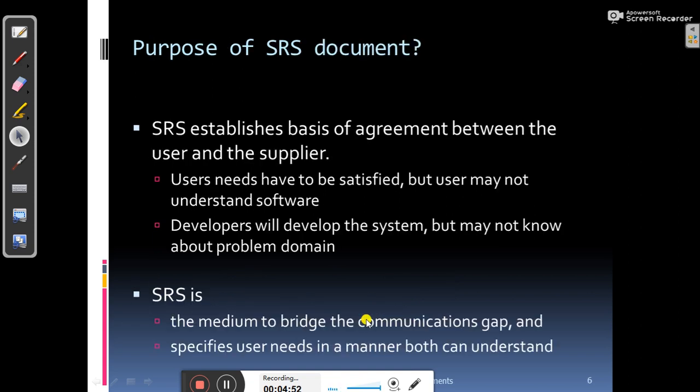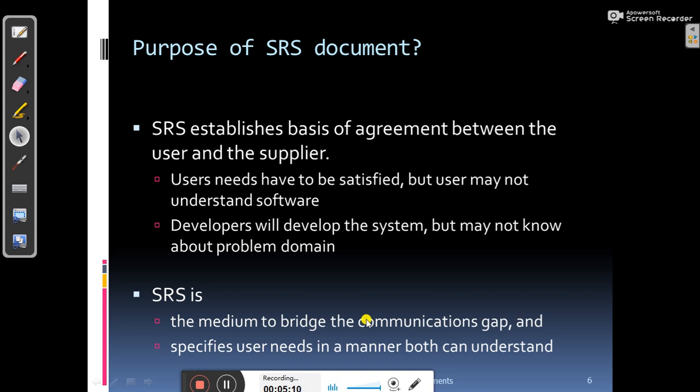So what is the purpose of the SRS document? SRS establishes the basis of agreement between user and supplier. So here two very important stakeholders are the user and the supplier. It establishes the agreement between them.